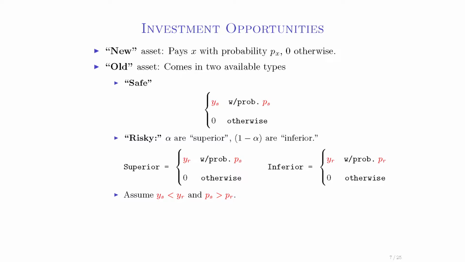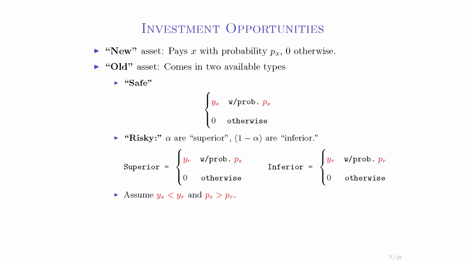And inside the risky box, there can be two types of risky assets. A superior one with a probability alpha that pays with the same probability of success as the safe asset but pays more. So obviously this is superior. Or an inferior one with a probability 1 minus alpha, which pays more in case of success, but with a lower probability.